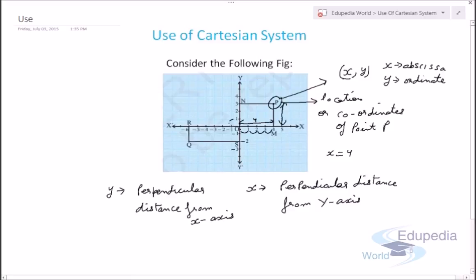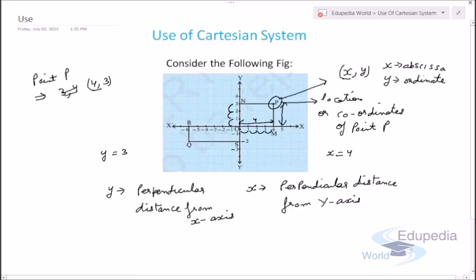So we have 1 unit, 2 units, and 3 units. So y will be 3. This means the point P can be represented as (4, 3). Why?